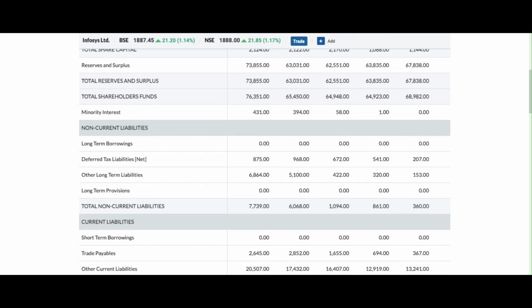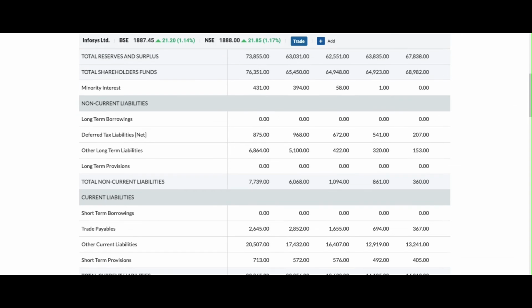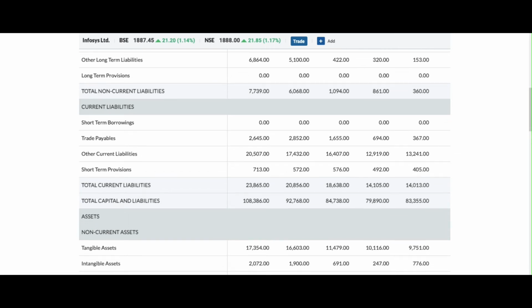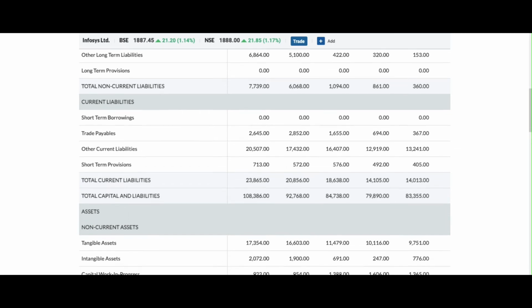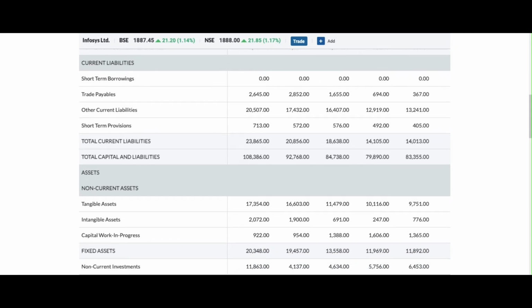Apart from that, if we come down, we see the long term borrowings have been constantly zero. So this is a debt free company, which is a really positive sign, a big plus. Apart from that, the short-term borrowings are also zero. So the balance sheet is pretty much good. It is positive. There are no negative signs to be seen as of now.